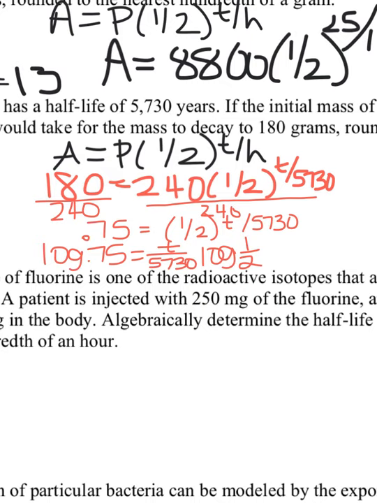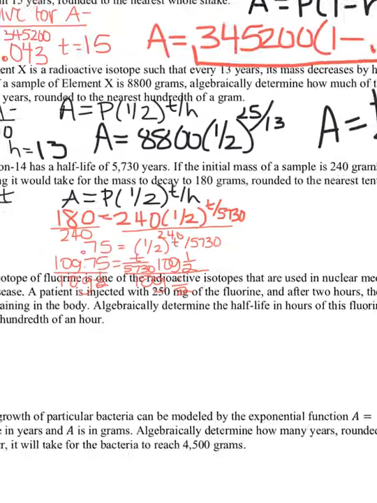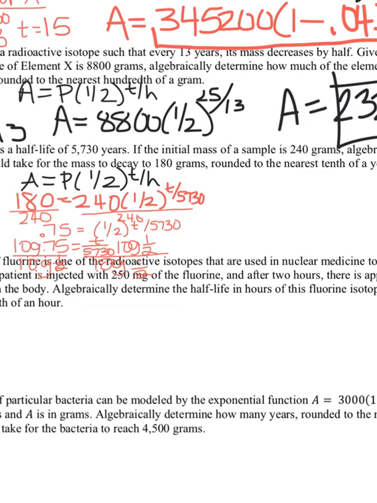To get the variable closer to being by itself, we divide both sides by the log of 1/2. I know this looks kind of messy. So I'm going to bring this up here to get us a little bit more space.